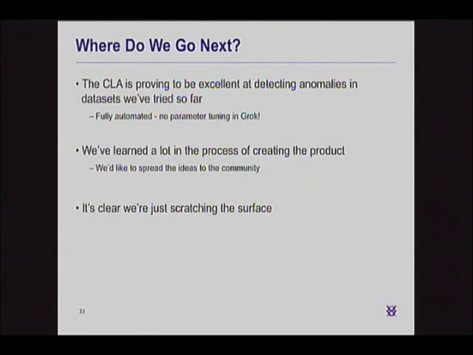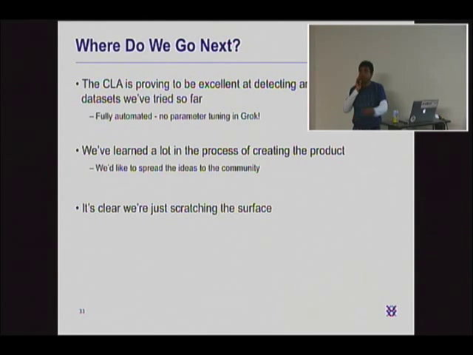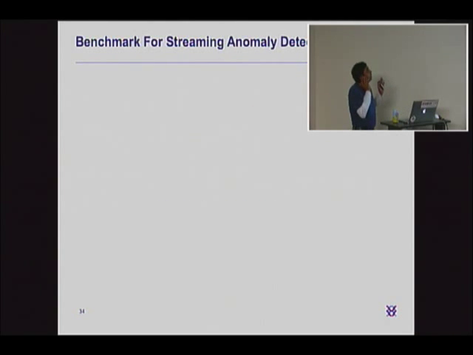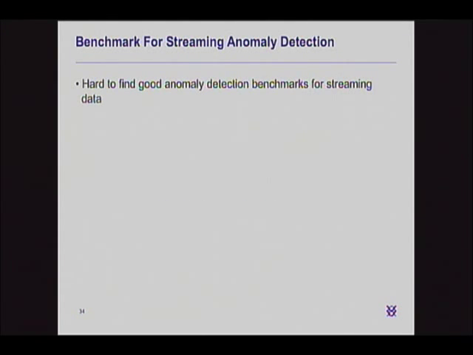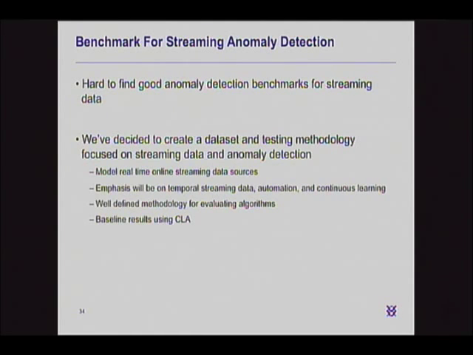One of the things that we're just starting to do, I mentioned earlier on that it's really hard to find good data sets that cover the full span of things that we want to look at. So what we decided to do is create a benchmark data set and a testing methodology that's focused on streaming data and anomaly detection.